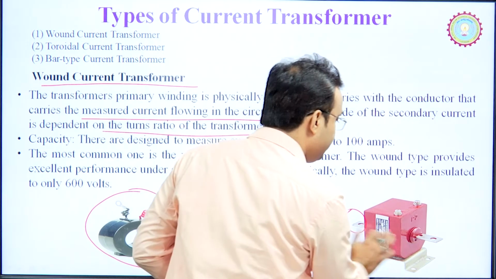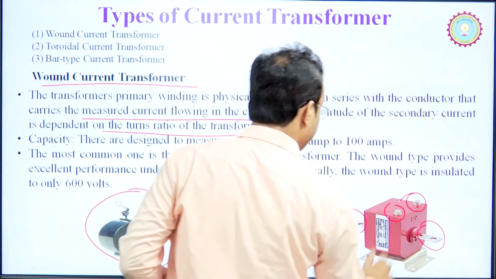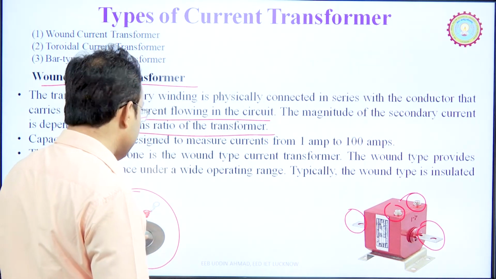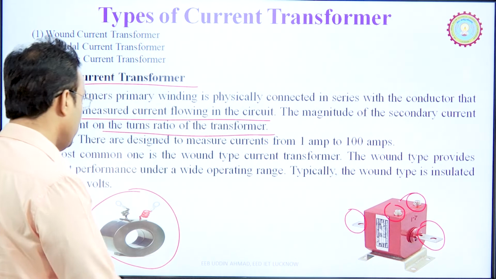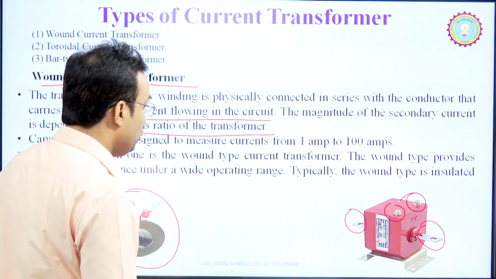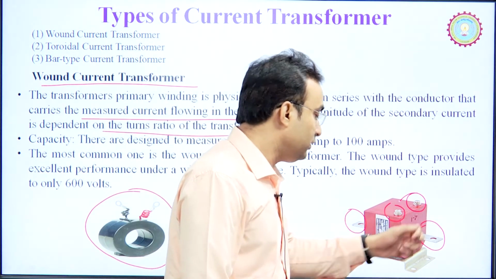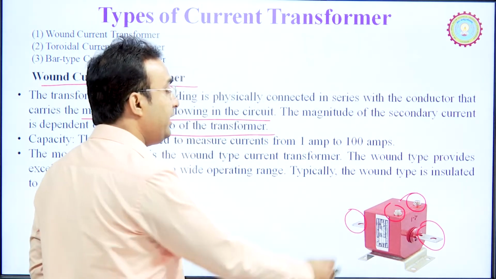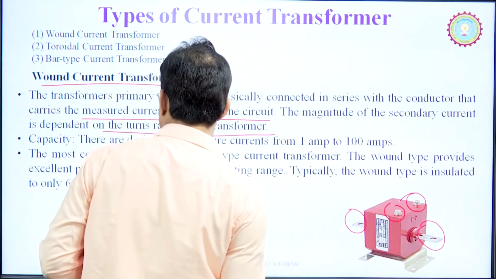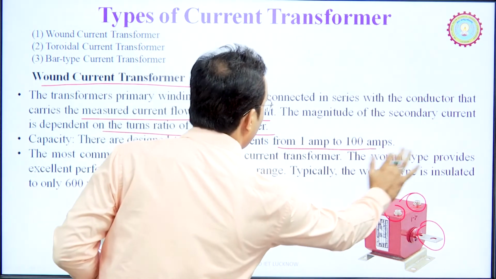This is the primary and this is the secondary. The primary also has secondary terminals which are not shown in this figure. So, you can connect the primary in series with the line section, so that the secondary will give you the value of the current. They are designed to measure current from 1 ampere to 100 ampere.